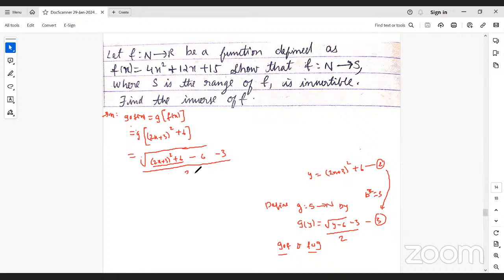Here, in place of y, I have replaced this function (2x plus 3) whole square plus 6.